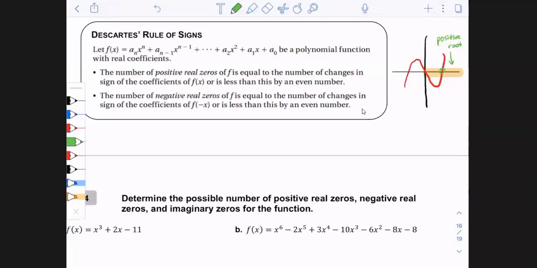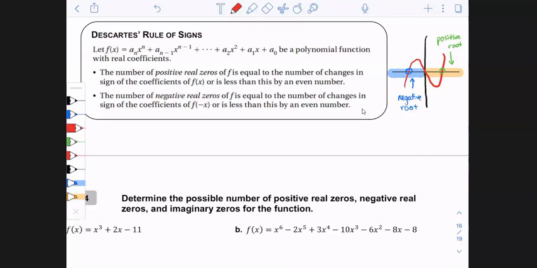Any x-intercepts here. And anything that's passing on the negative x-axis is a negative root. And then we also talked about we have these roots that are imaginary roots where we don't have an x-intercept at all.